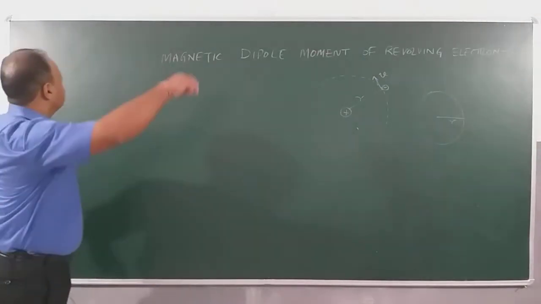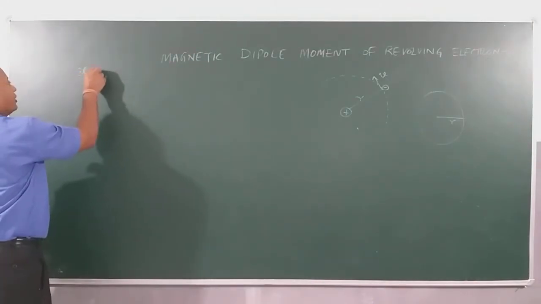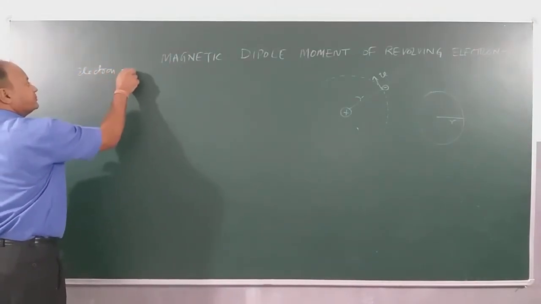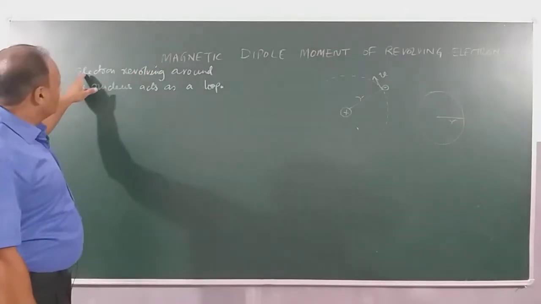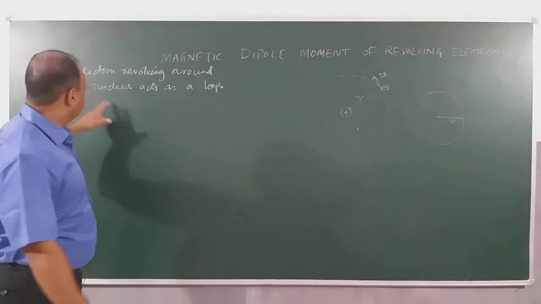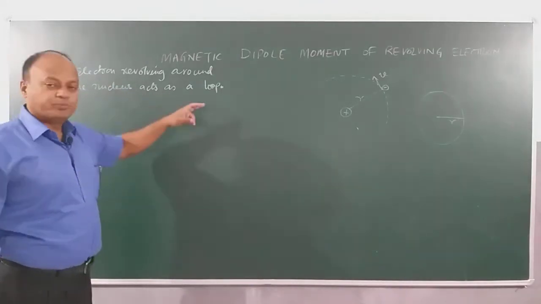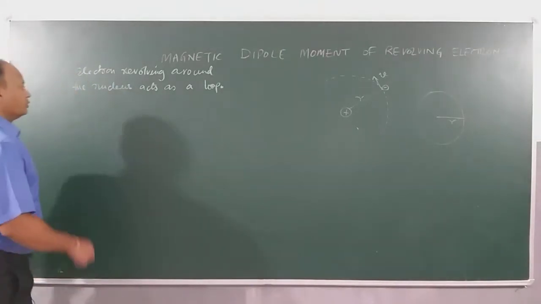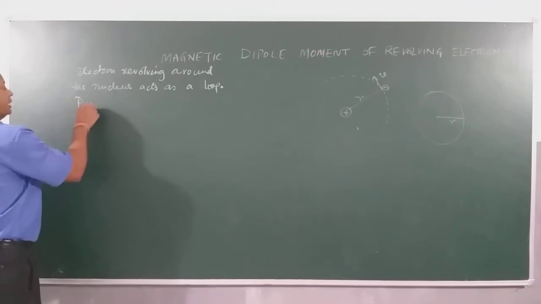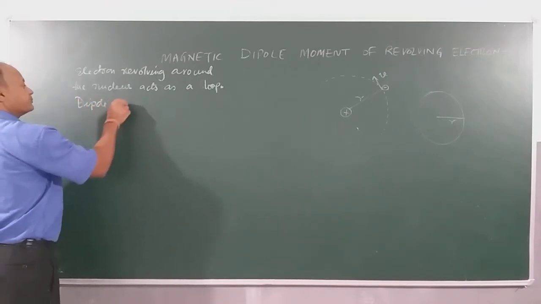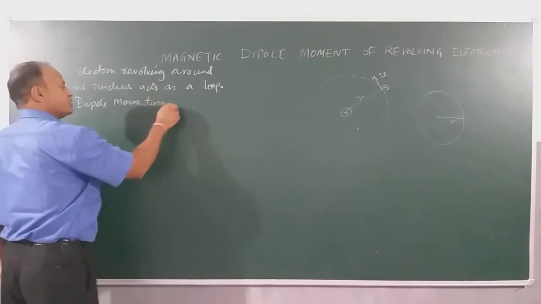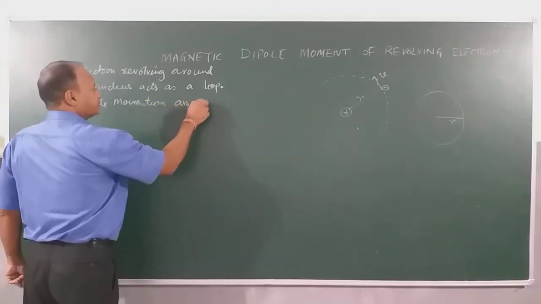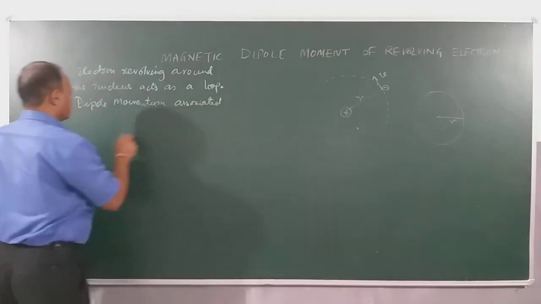So we will say the electron revolving around the nucleus acts as a loop. Clear? So the dipole moment associated with the loop.